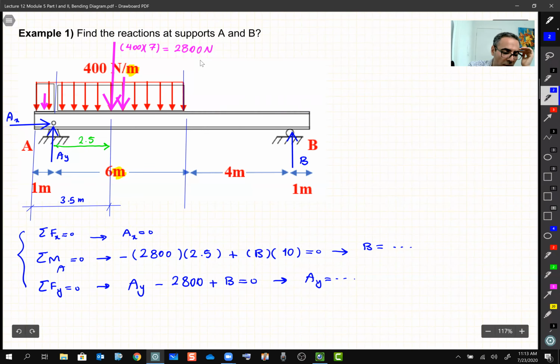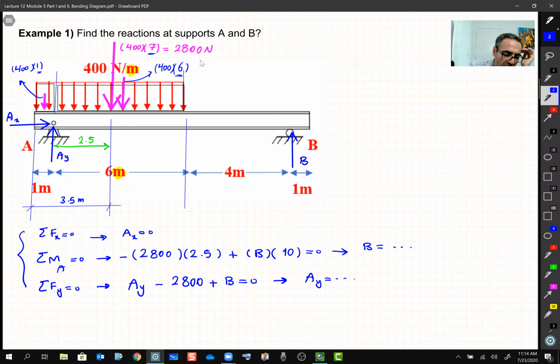And for this one, it's going to be 400 multiplied by 1, intensity multiplied by length. And this one is going to be 400 multiplied by 6, right? So instead of multiplying the whole thing by 7, we break it down into this 6 and this 1.